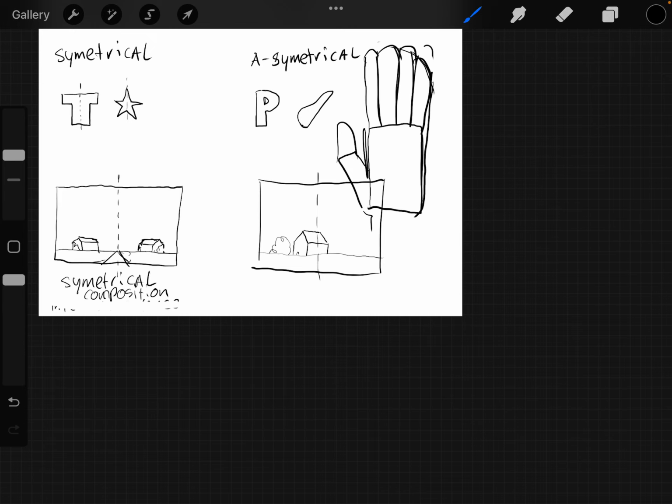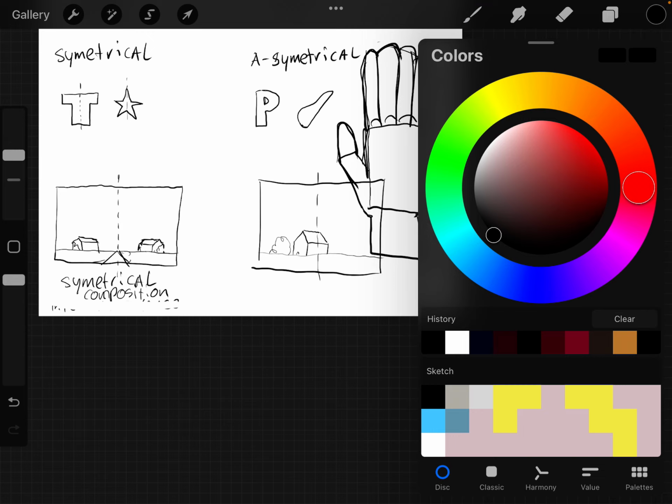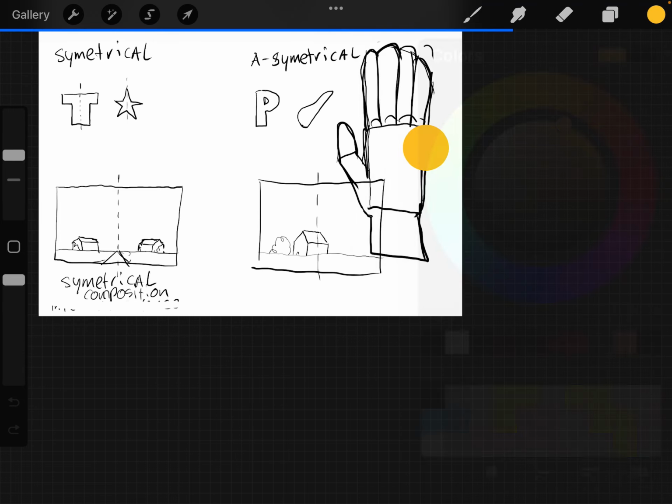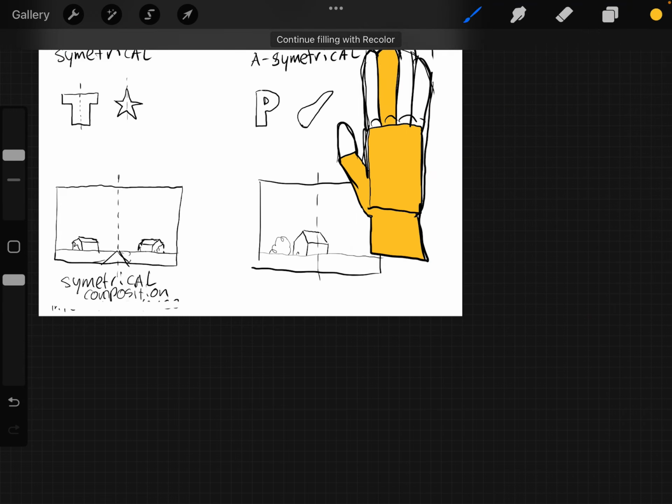I grab my hand, wow, what a terrible hand, okay, whatever. But this is my hand. You can also do this with a paper, it doesn't really matter. I just want to show you here. I just fill it with whatever. My hand is yellow, I guess, today, which is fine.